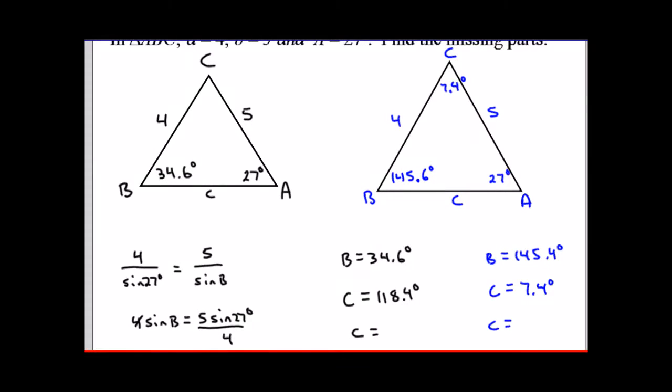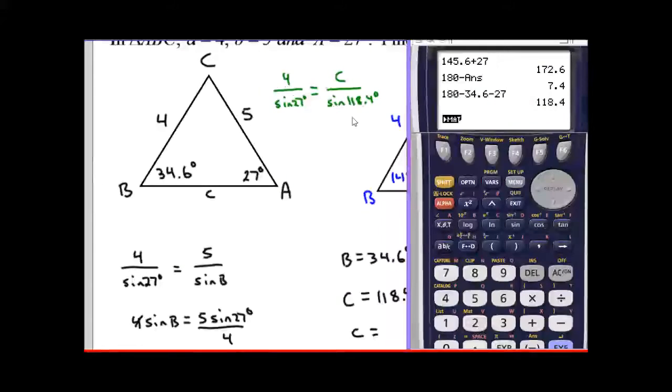To find side C, in this triangle right here, I'm going to take the angle-side pair I was given. I'm going to put 4 over the sine of 27 degrees, and that should equal side C over the sine of angle C. In this triangle, C is 118.4 degrees.